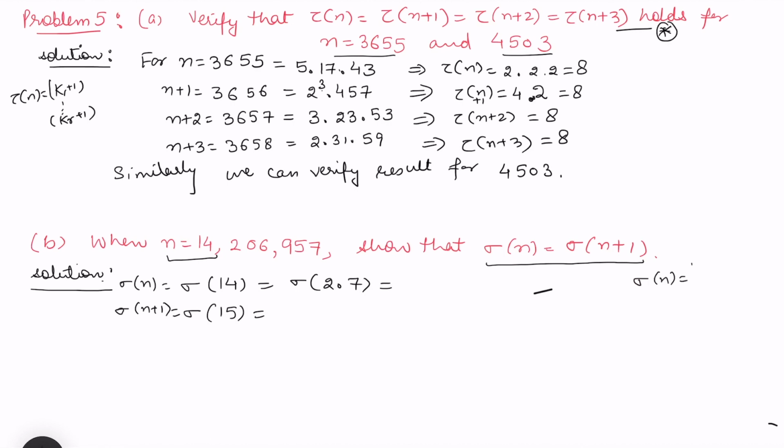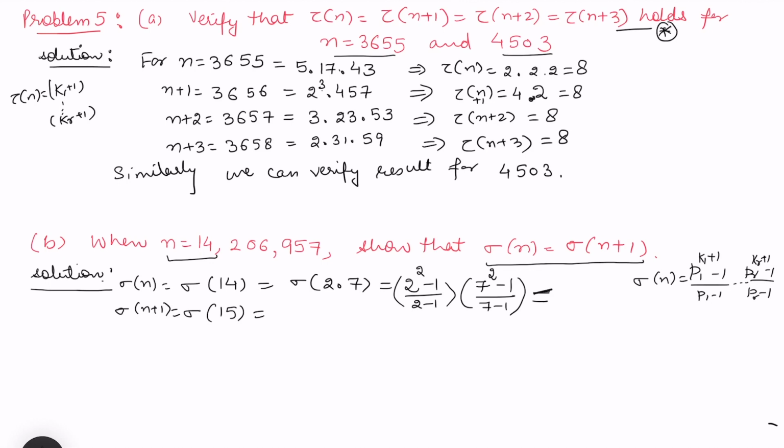This is nothing but p1 to the power k1 plus 1 minus 1 upon p1 minus 1 and so on up till pr to the power kr plus 1 minus 1 upon pr minus 1. So what is the first prime here? This is 2 and the power will become 2 squared minus 1 upon 2 minus 1. And the second will become 7 raised to power 2 again, squared minus 1 upon 7 minus 1.